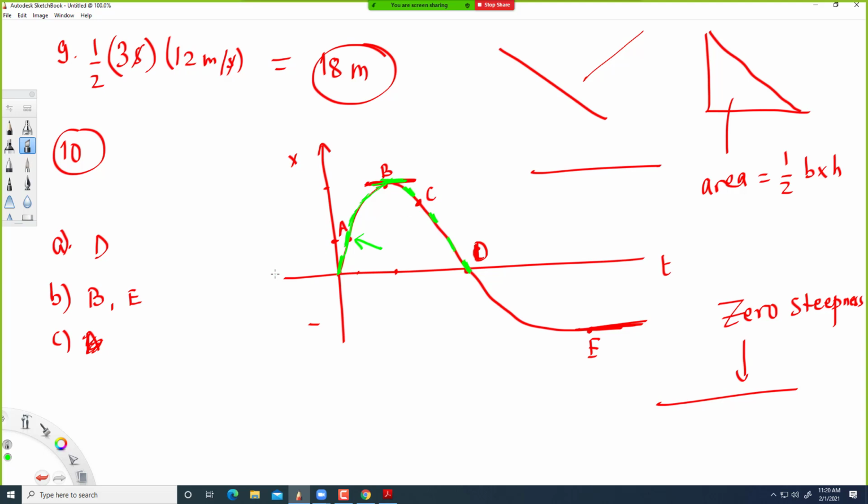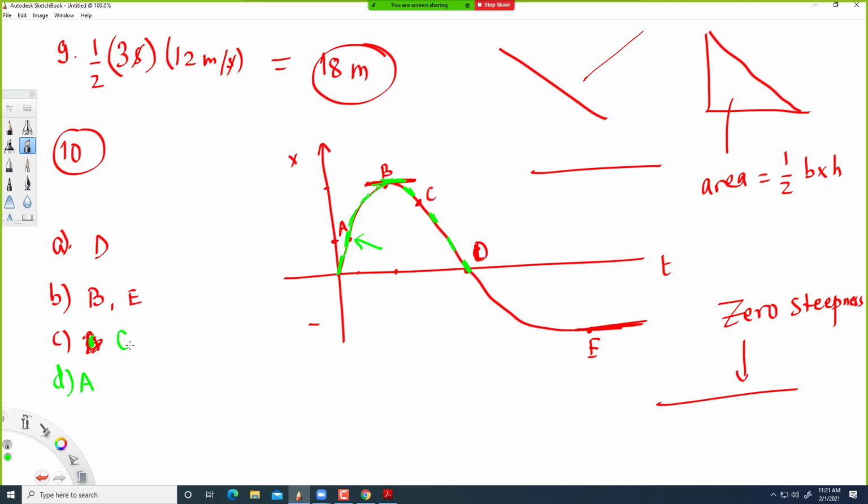So, for the last question, for decreasing, would it be A then? Yes, exactly. A would be the point where the steepness is decreasing, and for increasing steepness it would be C. Okay, C as well as D. We cannot say D because D is something called an inflection point, where the steepness flips. Up to point D, the steepness increases.